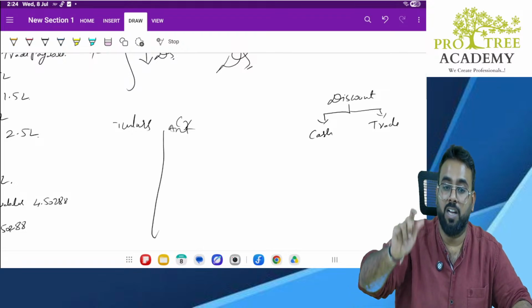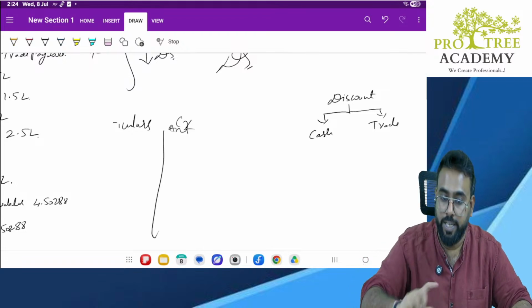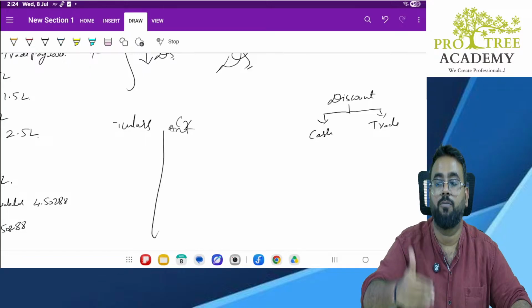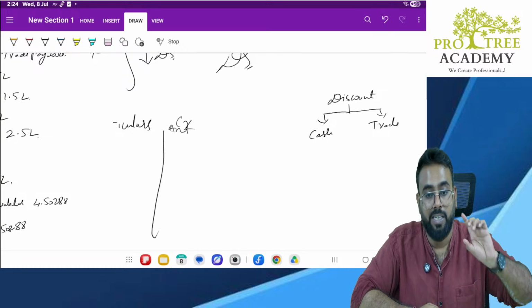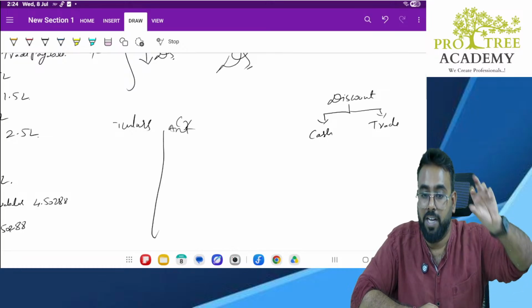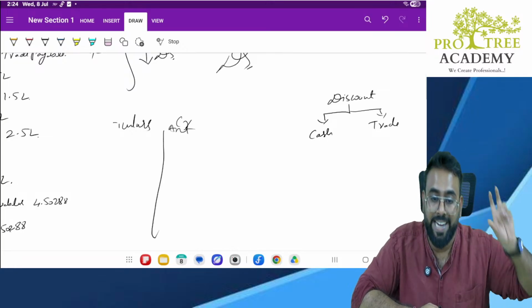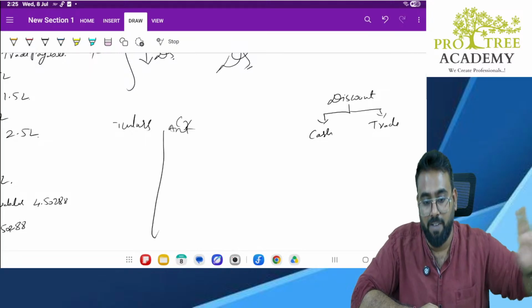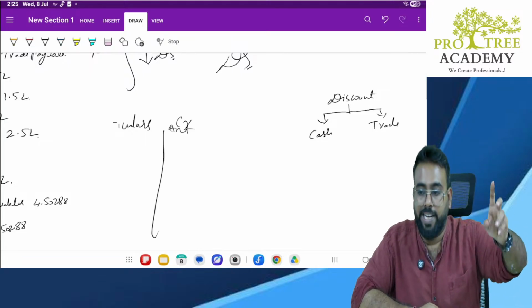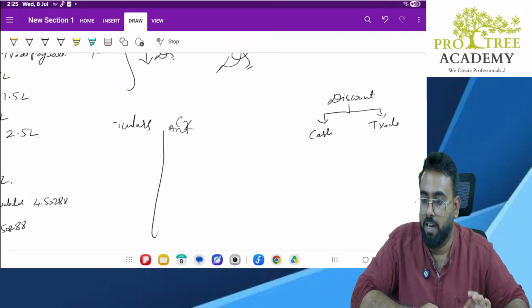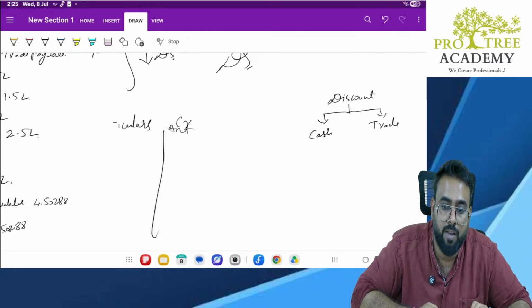Cash discount is an incentive given to collect from the debtors fast. It is an incentive given. Clear? That is why the cash discount part will never get reduced from the purchase value. It directly gets reduced from the debtor value, whereas trade discount will get reduced from your purchase value. Am I clear? Is everybody understanding the difference between cash discount and trade discount?